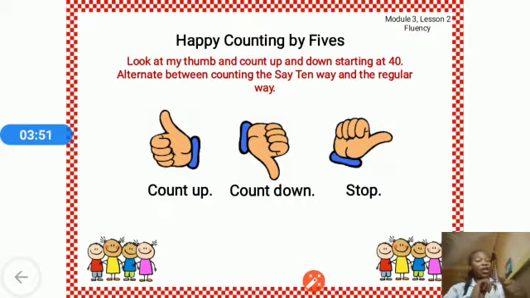Alternate between counting the certain way and the regular way. When my thumb is up, you count up. When my thumb is down, you count down. But when my thumb is sideways, like this, you stop.